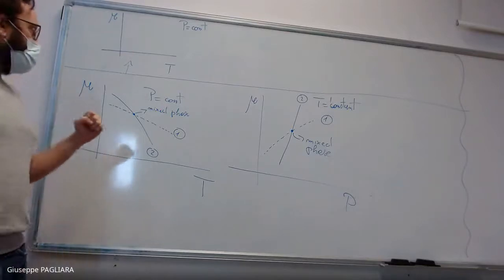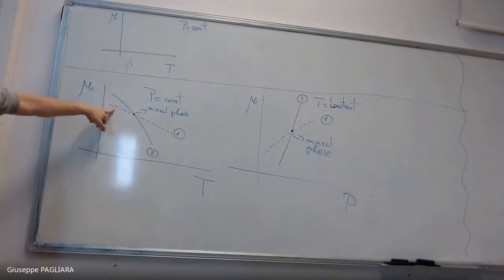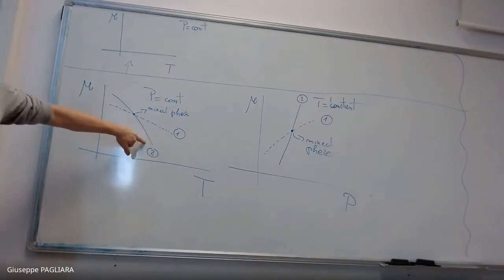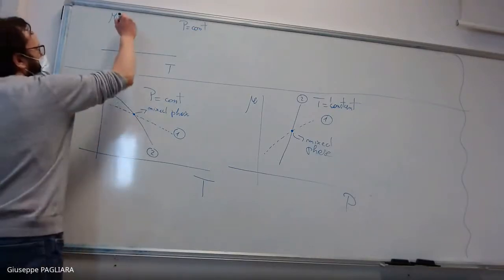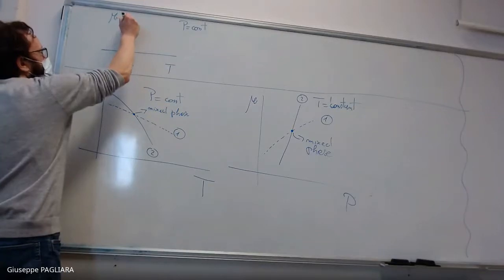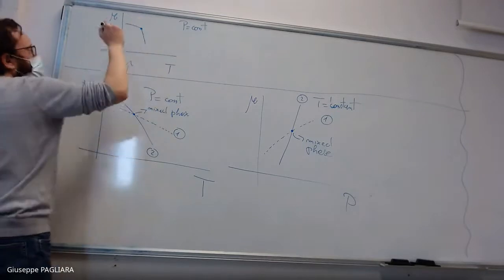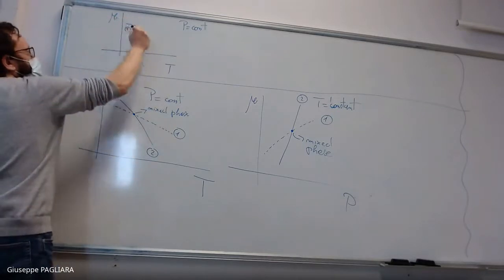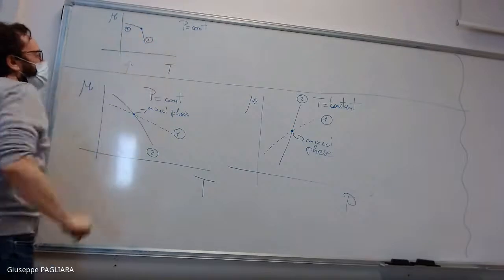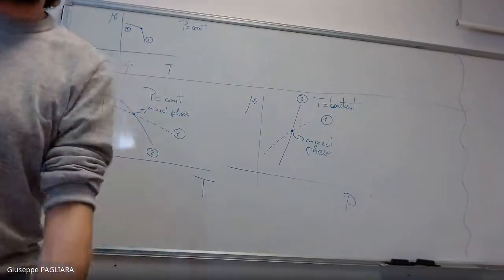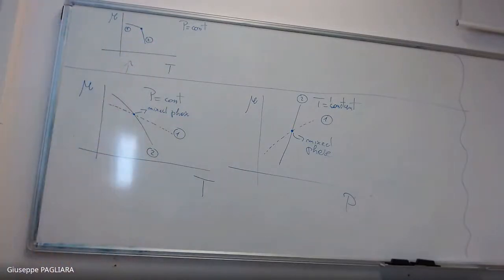So in here I will have phase 1, whereas in here I will have phase 2. So the plot of the equilibrium state will be something like that. This is the mixed phase, this is phase 1, this is phase 2. And I can remove the other lines because they correspond just to a metastable phase.